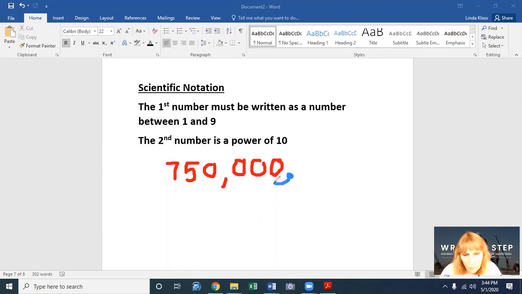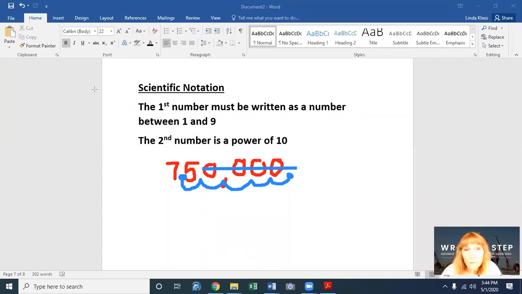So if I keep moving it, 1 spot, 2 spots, 3 spots, 4 spots, 5 spots, and I put it right here, I now have 7.5, and I could drop the zeros, right? So I can get rid of all those zeros, and I'm not going to actually get rid of them because I got to count something, but cross them off.